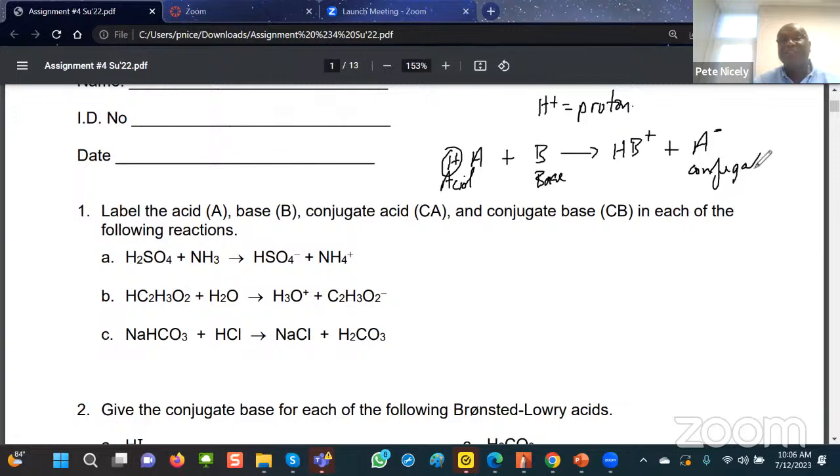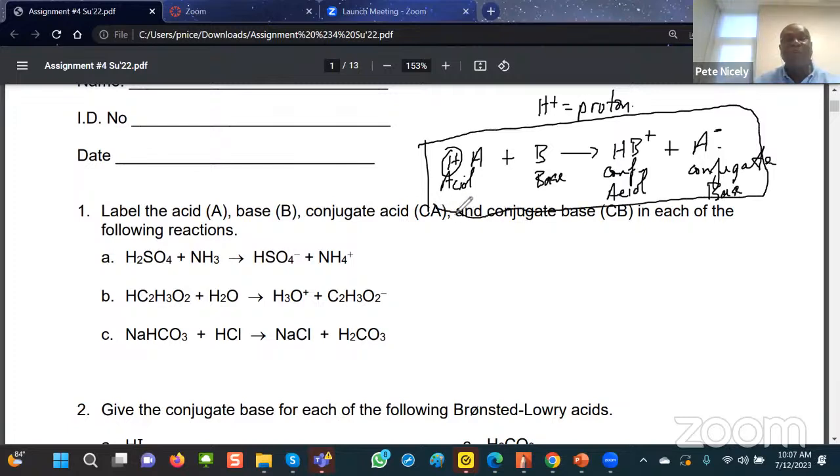Conjugate base, all right? And the species that is formed when a base gains a proton from the acid, that is called the conjugate acid. All right. So basically understanding what we're discussing here will become important to answering the questions for number 1.